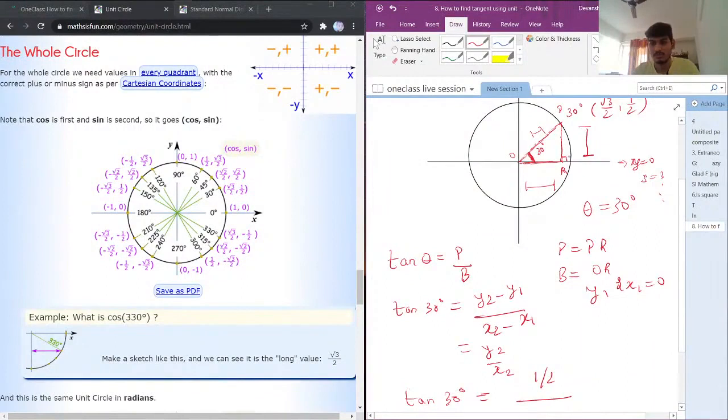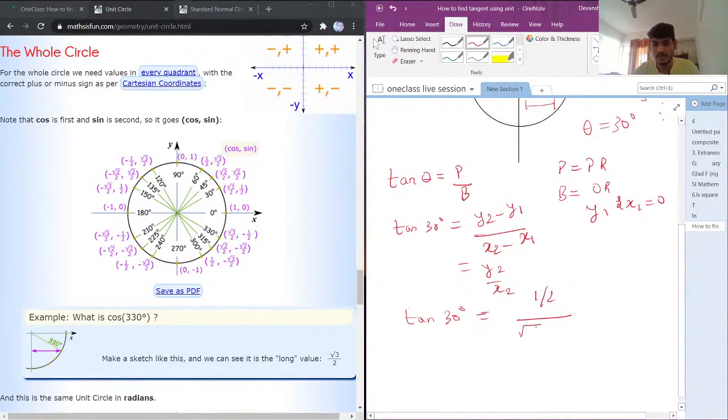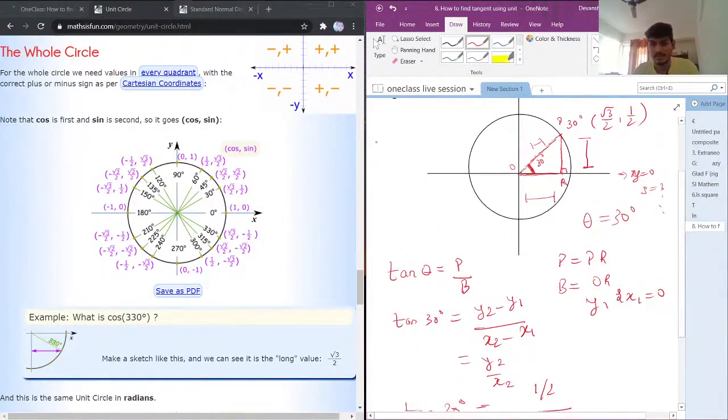The x coordinate is root 3 by 2, and x1 is 0, so we'll just write root 3 by 2. If you are confused about what is y1 and y2, this coordinate is x1, this is x2, and this coordinate is my y1 and this coordinate is my y2. So the line along this is y2.